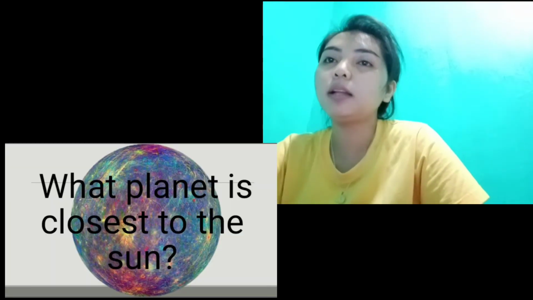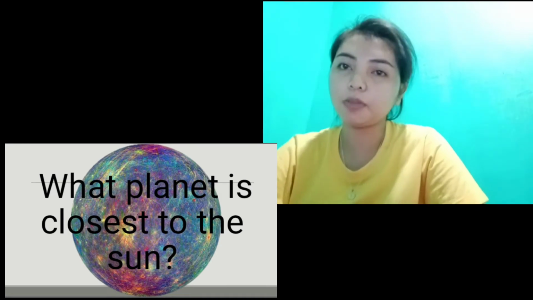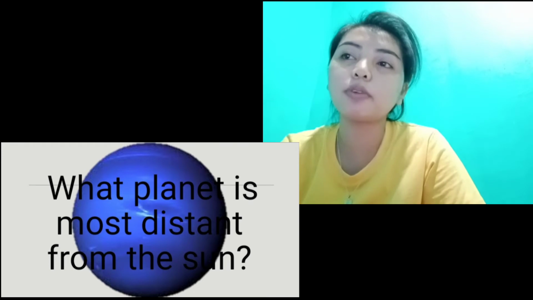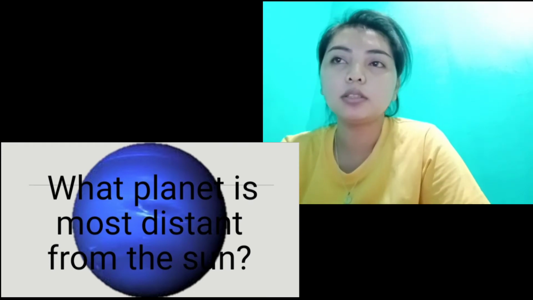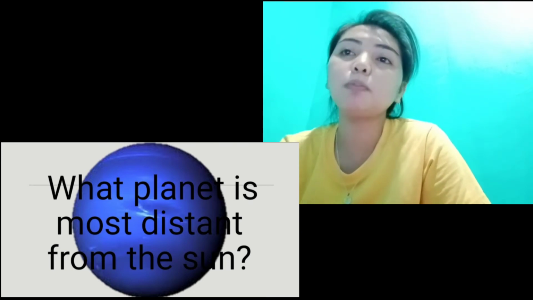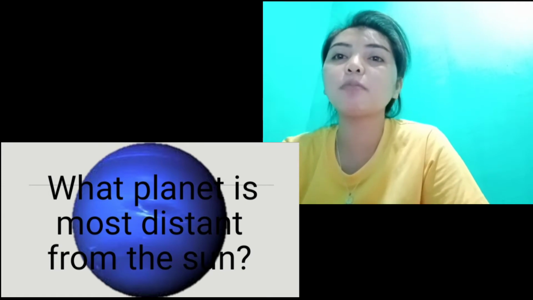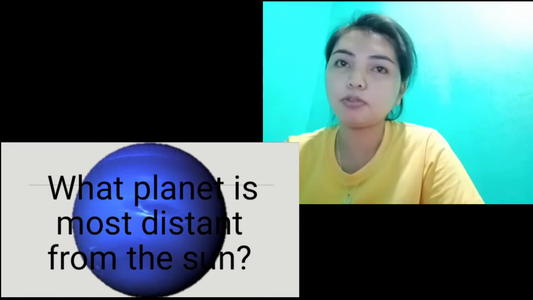So first question is, what planet is closest to the sun? The planet which is closest to the sun is Mercury. And the second question, what planet is most distant from the sun? The farthest planet from the sun is Neptune.